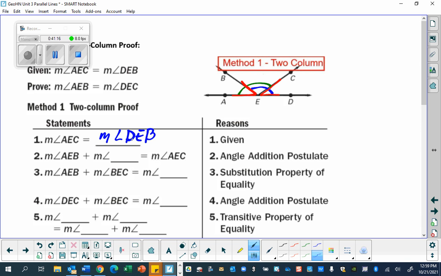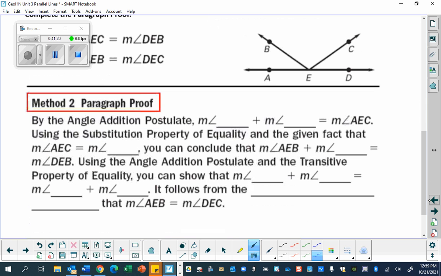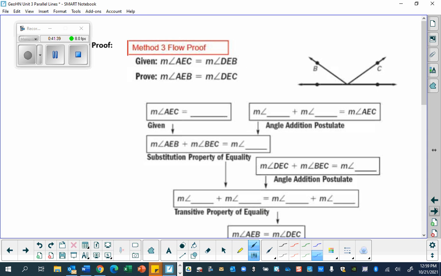Now, if I go down to my paragraph proof, we don't have that sentence yet. We start here with the given fact that AEC is equal to measure of angle BED. So it comes out of order. If you go to your flow proof, that one's going to be right up at the top. AEC is equal to DEB.